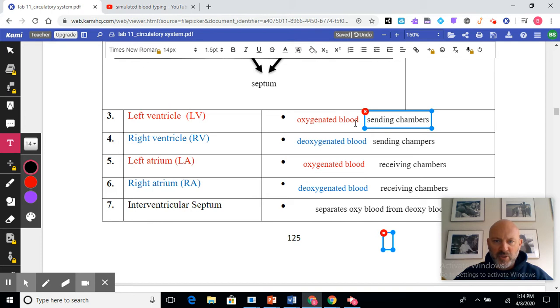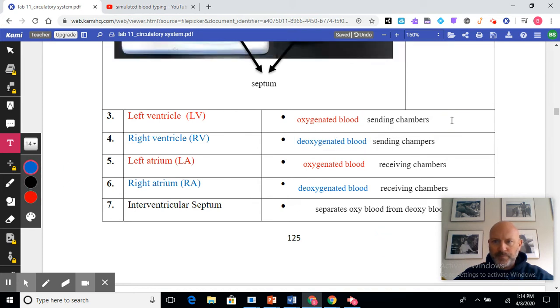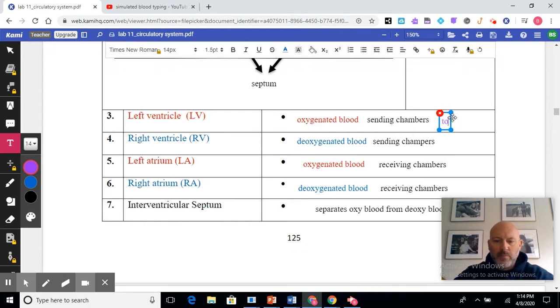Now we could get into more specifics, like where does the left ventricle send oxygenated blood? Well, it sends it through the aorta to the entire body. I guess we could add that. Let's go purple. Where does the right ventricle send deoxygenated blood? Well, to the lungs.